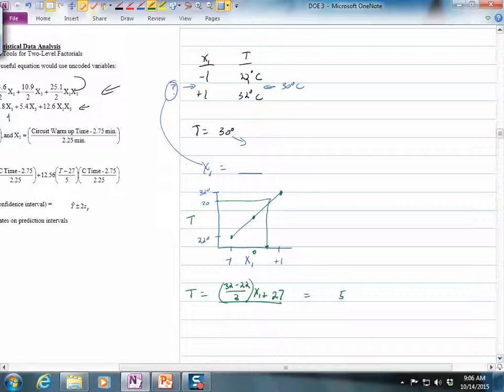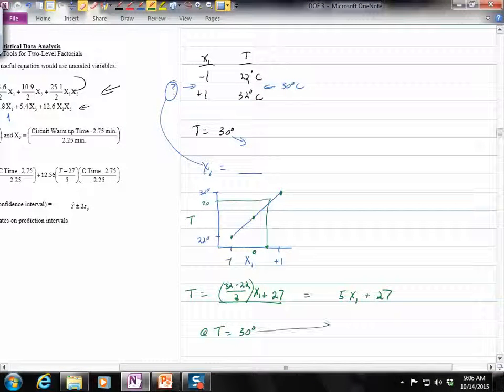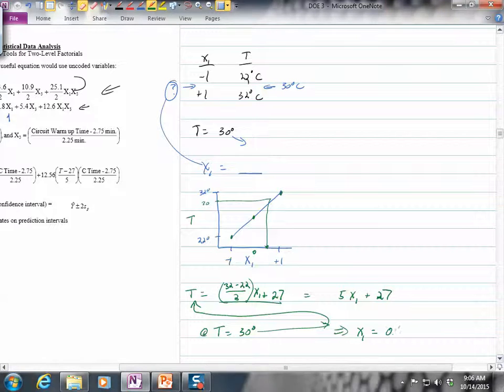So everyone get that equation? At least it shouldn't be a mystery, right? This is just the equation we would use to linearly interpolate. So now if I asked you if the temperature is 30 degrees, we plug that into there, and we could crank out x1 equals 0.6.